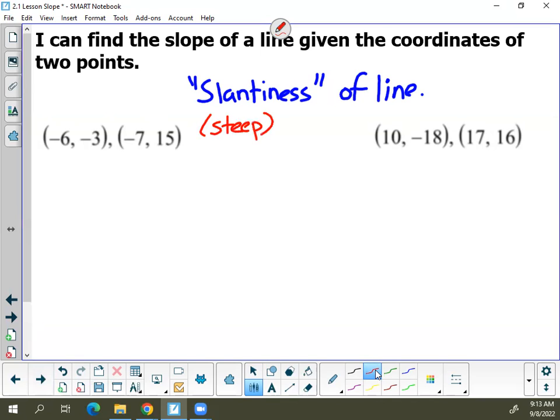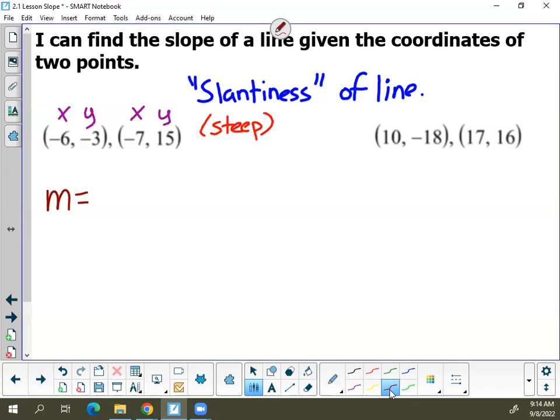And so we can assign a value to that, and we can find the slope of a line if we have 2 points that are on that line. So just a quick reminder that points always have an X and a Y. The X comes first, the Y comes second. And there's a formula for finding slope. I talk about it maybe simpler than what you might be used to.